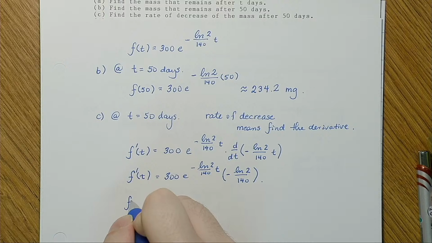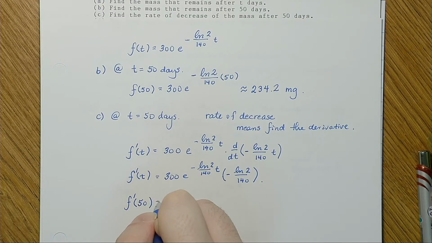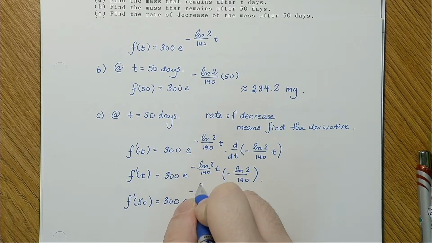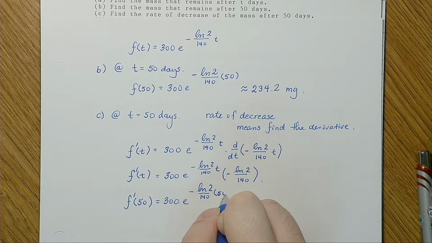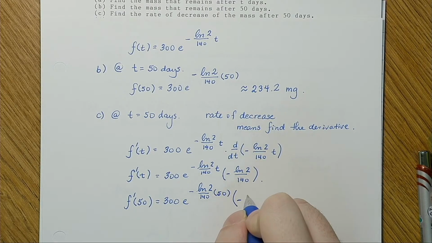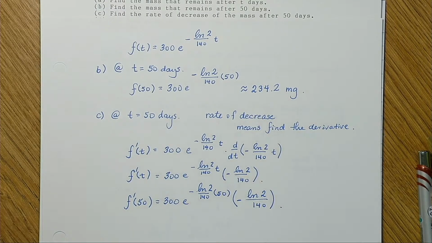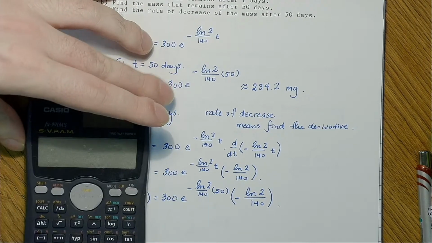So we just substitute that value in, 50. Times 50. And if we substitute that into a calculator, what would we get? Let's try this one.